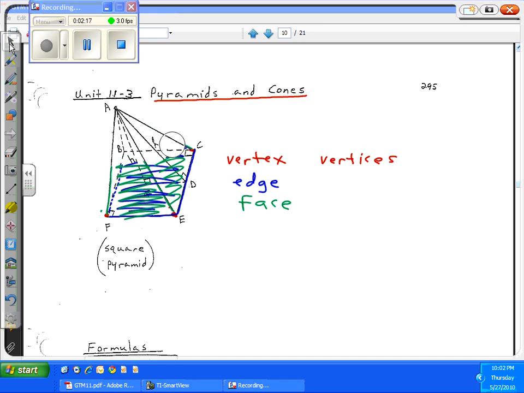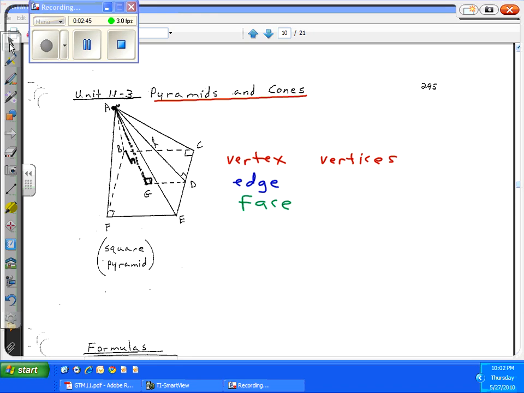Now, there's something special in a pyramid that we do not have in a prism. We had the height of a prism, which is straight down from top to bottom. The height in a prism was one of the sides of the prism. But in a pyramid, it's from the top straight down to the bottom, perpendicular.